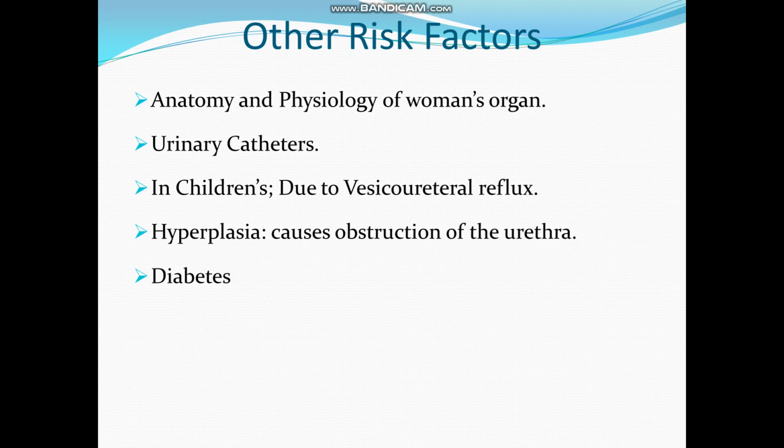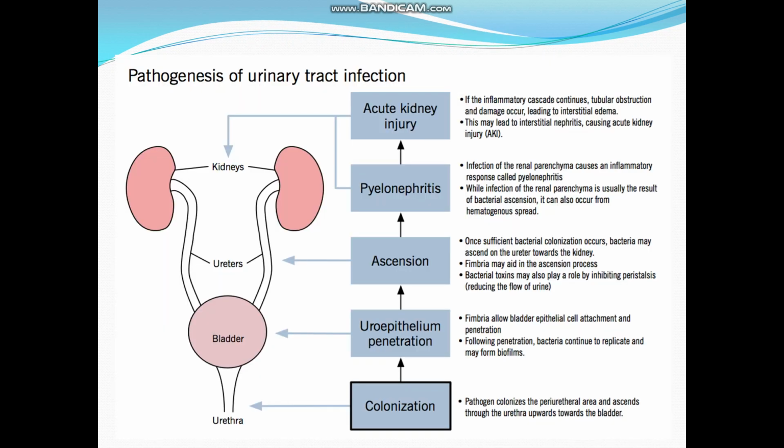Let's check the pathogenesis of urinary tract infections, meaning how the infection develops. The bowel is the most predominant site from where microorganisms enter the urinary tract.